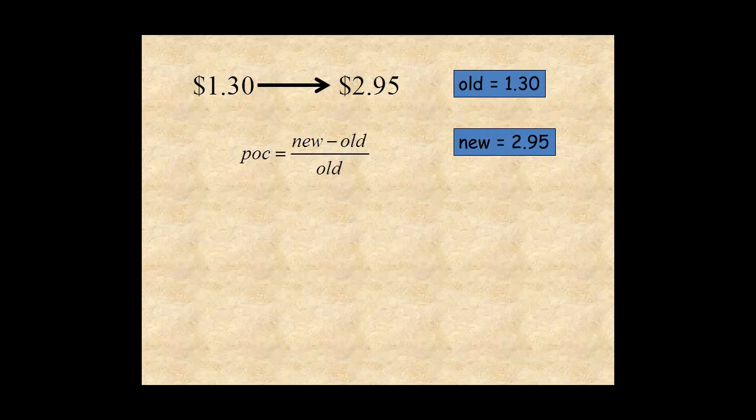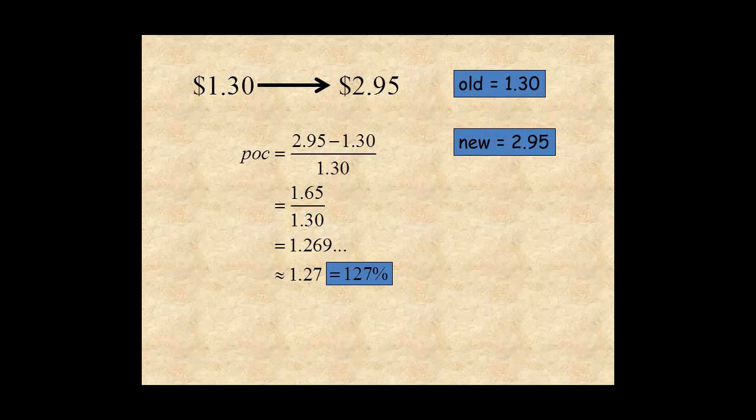So the percent of change is 295 minus 130 divided by 130, which is 165 over 130, or about 1.27. So the percent change is 127%. Notice that when a quantity increases, the percent of change is positive.